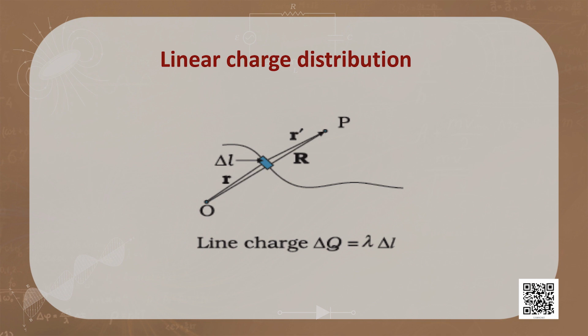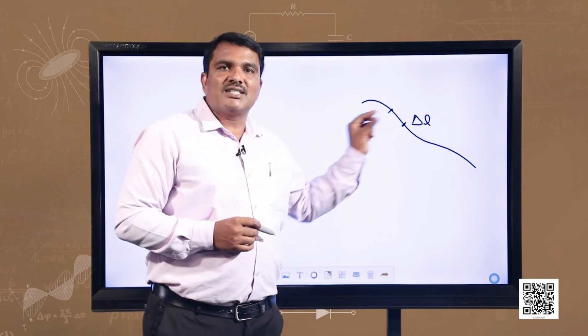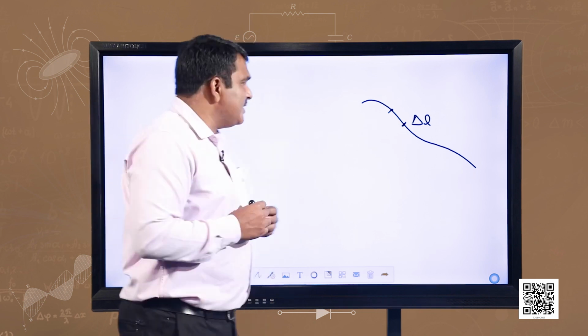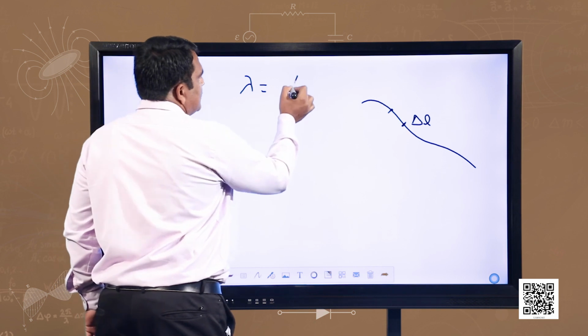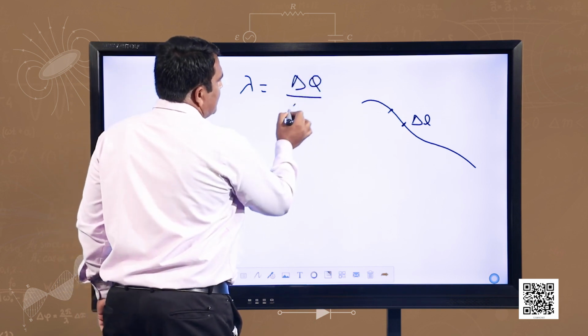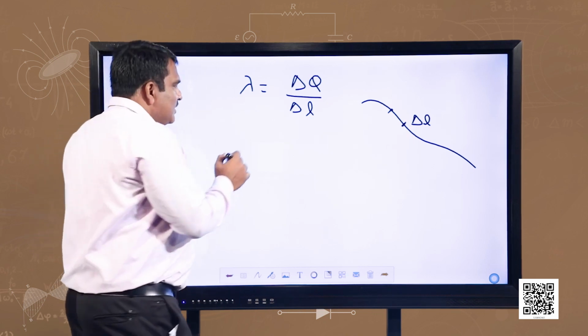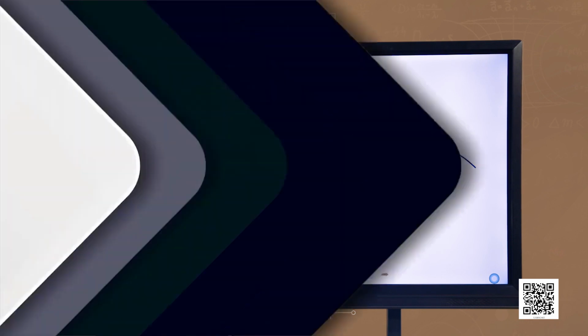Now, we can cut a small line element delta L from the wire, which includes a large number of microscopic charged constituents, where delta Q is the charge contained in this line element. Now, we can define linear charge density lambda as delta Q by delta L, and its unit becomes coulomb per meter.